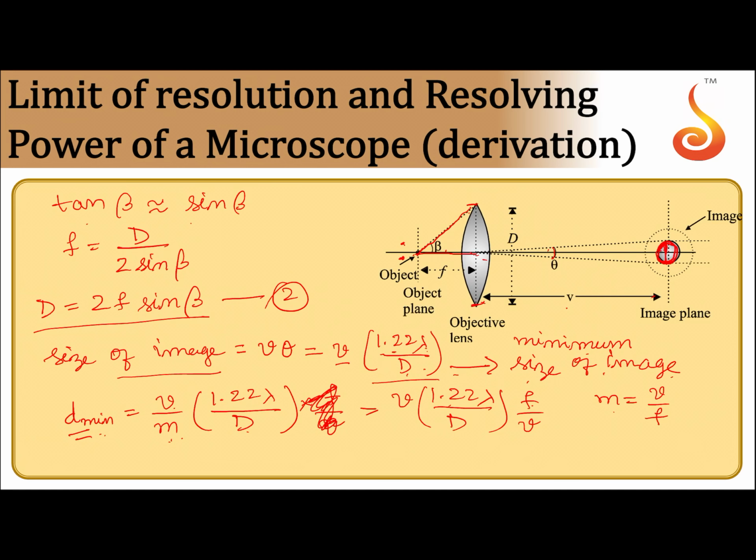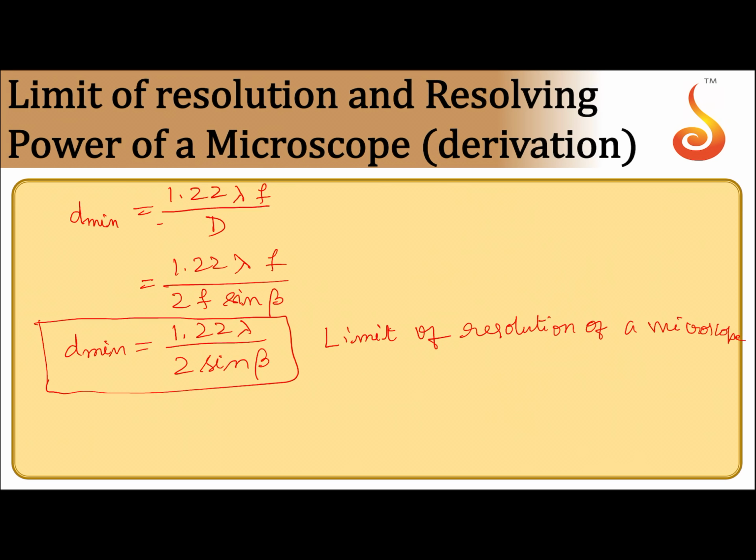V gets cancelled. Now d is equal to 2f sin beta. Substitute that, you will get the expression for the limit of resolution. The reciprocal of this will give you the resolving power. So resolving power is equal to 2 sin beta divided by 1.22 lambda.